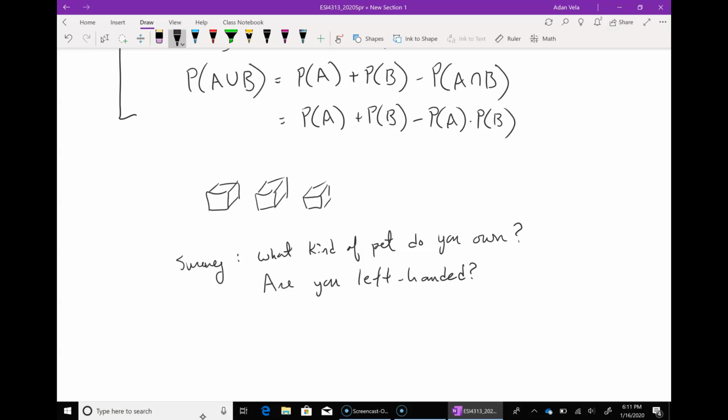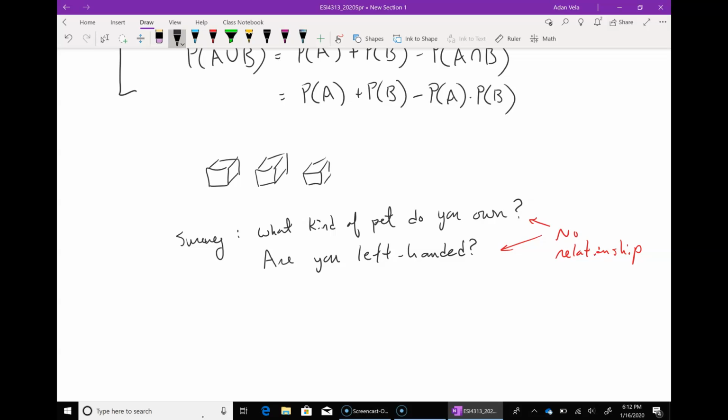We could certainly imagine that whether you're left-handed or not has nothing to do with the type of pet. So there's no relationship between whether you write with your left hand or not and the type of pet that you own. In this case, we would say pet ownership, right? So the type of pet you own is independent of left-handedness.